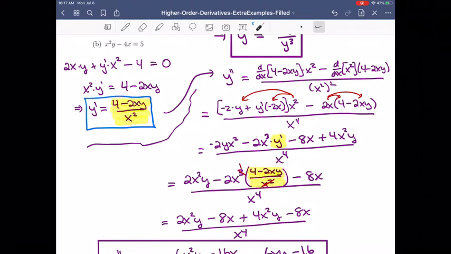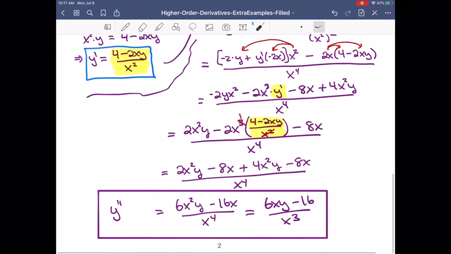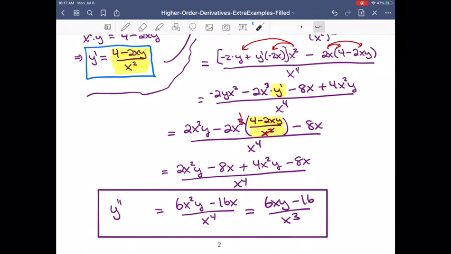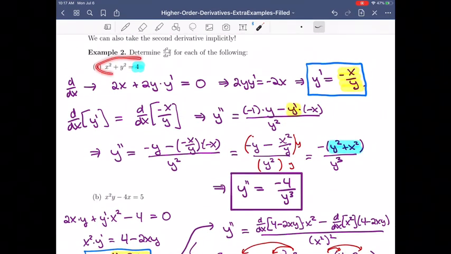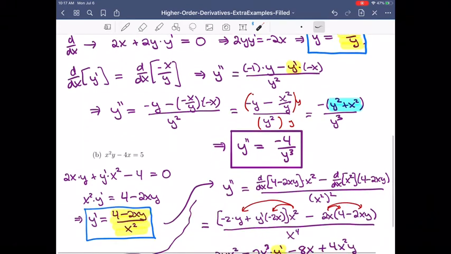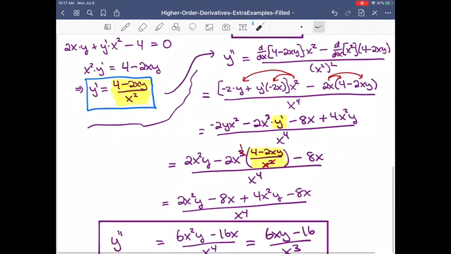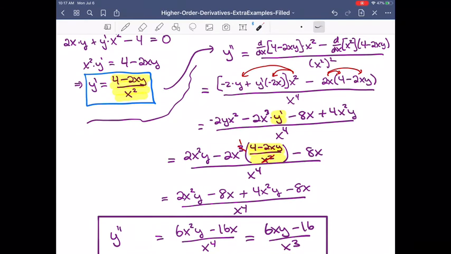Okay, so you want your answer in terms of only x and y at the end. So you don't want to have a y prime in your answer. And if you're lucky enough that you can use the original equation, you can do that as well. I don't think we were here. No. But if you are, you can also use that.